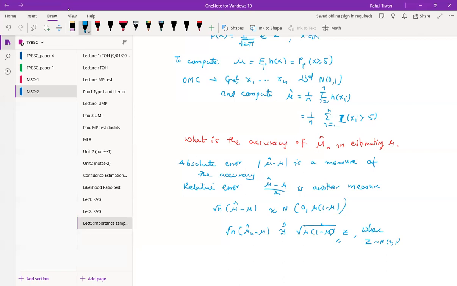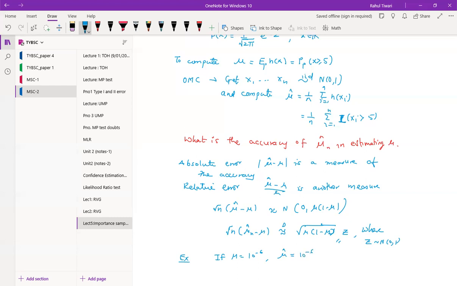Let us consider, for example, if mu is equal to 10 raised to minus 7, or 10 raised to minus 6, and let's say the mu hat which you observed is 10 raised to minus 6.